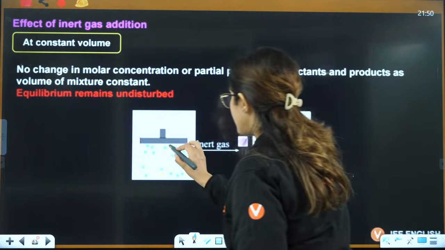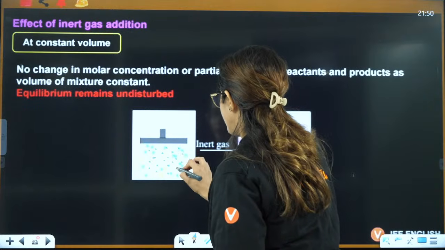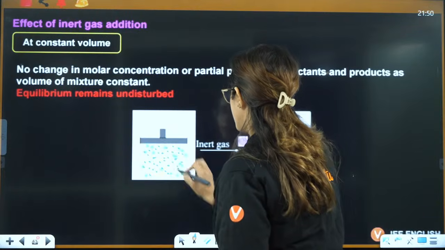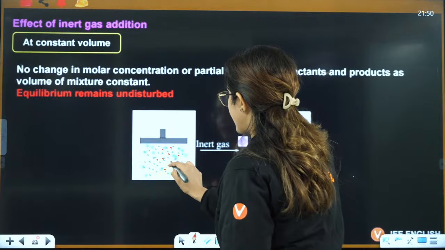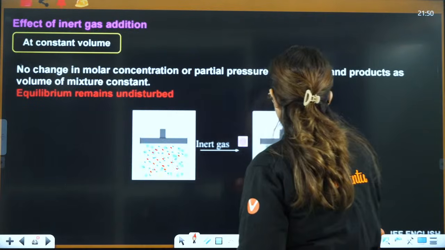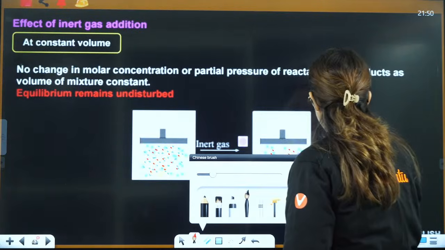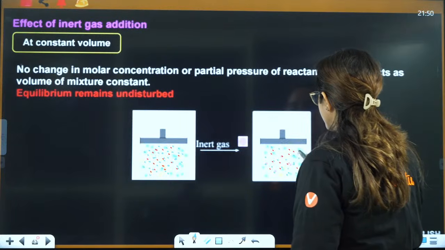Let me just see. This is the number of moles of the gas before. These are the other reactants that you have. Similarly, here you will have this. But when you add inert gas, what will happen? Volume is not changing here.